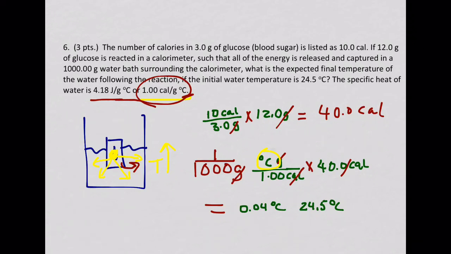So in this particular case we have to add these, and we find out that the final temperature doesn't increase very much. It is that right there. And so this is our final answer right here. This would be the temperature change that you get from burning this much sugar in 1,000 grams of water.